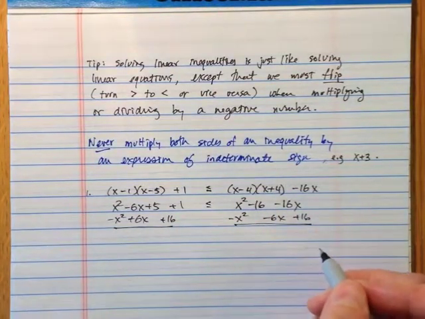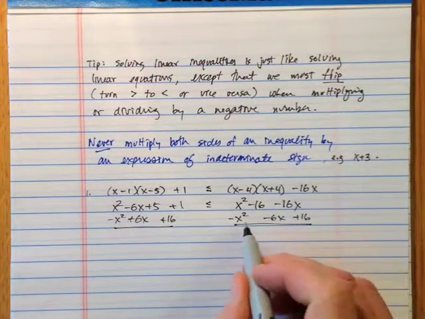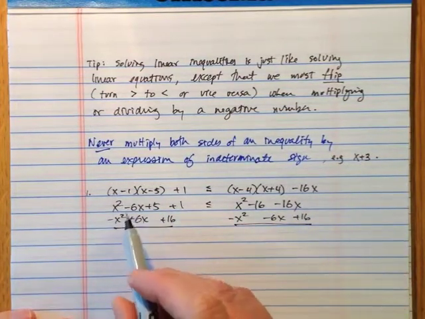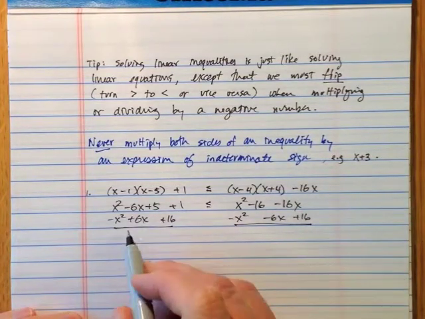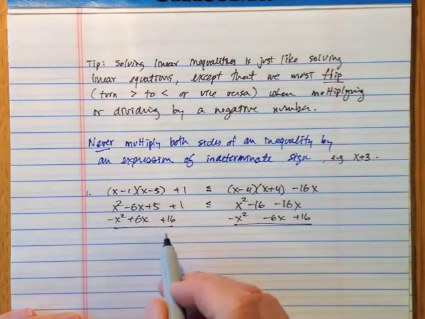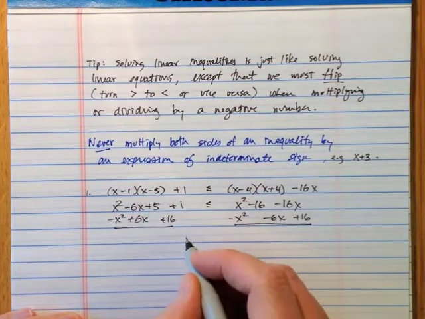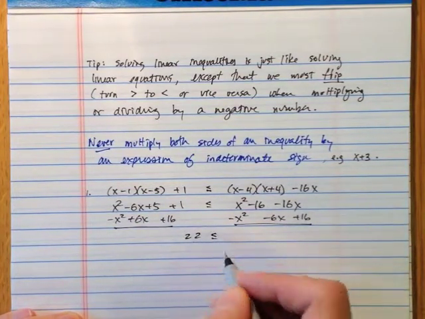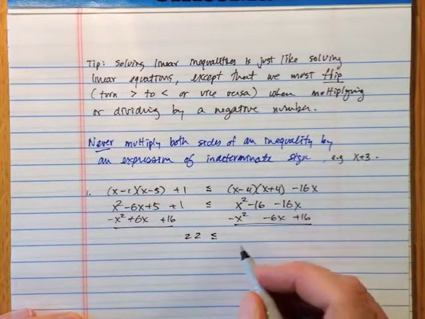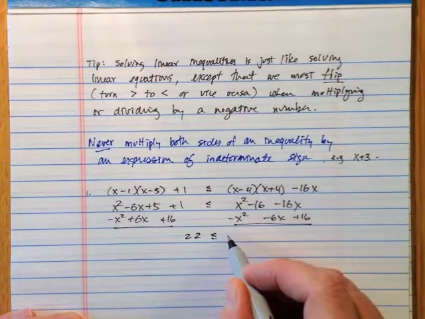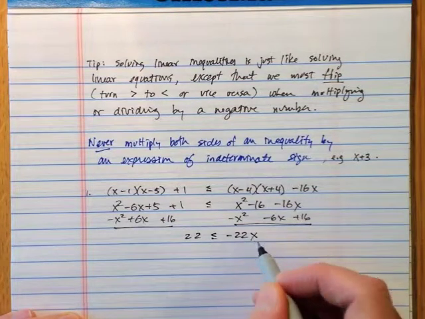I have to admit, with practice I usually don't bother writing this line down, I just move the parts over, but really what I'm doing is adding and subtracting stuff from both sides. Well anyway, with that choice the x squareds and the 6x's are gone from this side, and I've got 22 here, less than or equal to, the x squareds are gone, the 16's are gone, I've got minus 22x.